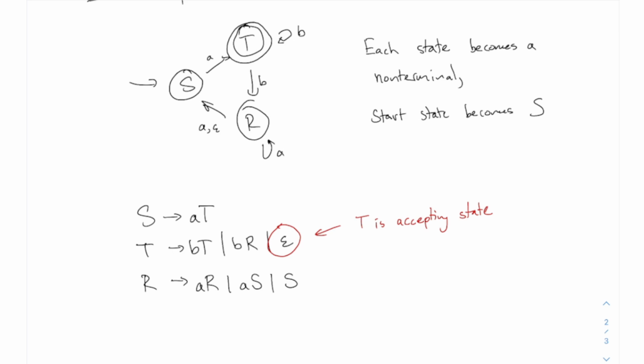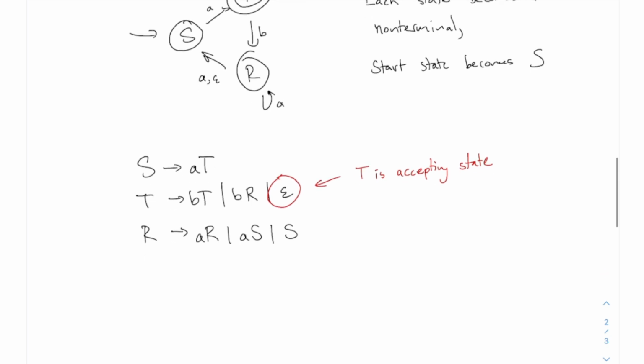So the rule, if I were to say this in words: each of the arrows in the NFA, each NFA transition, if it was something like X, A, Y in the NFA, this becomes the grammar production X goes to AY, right?